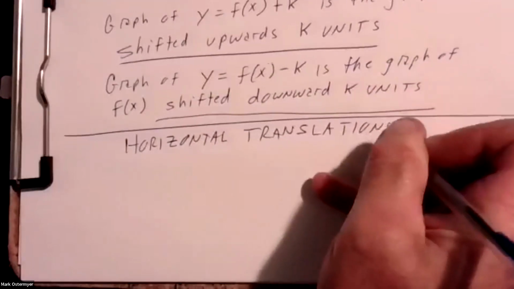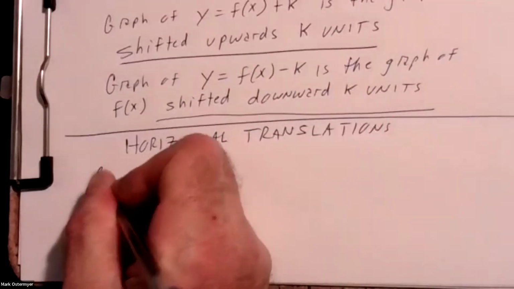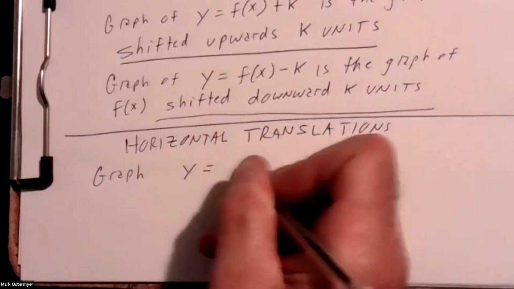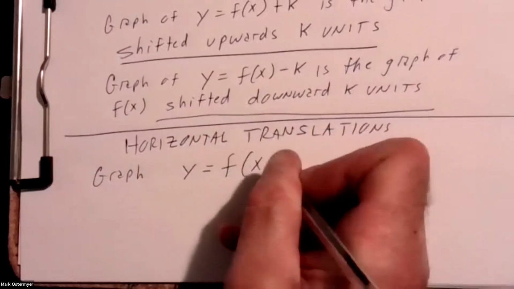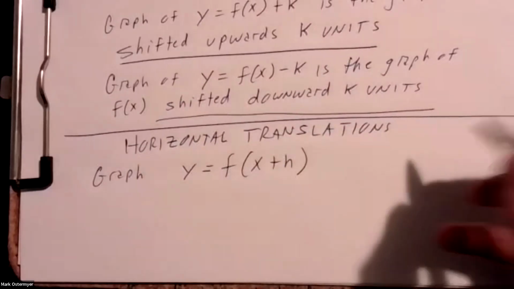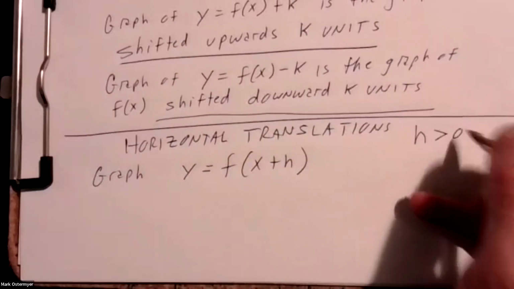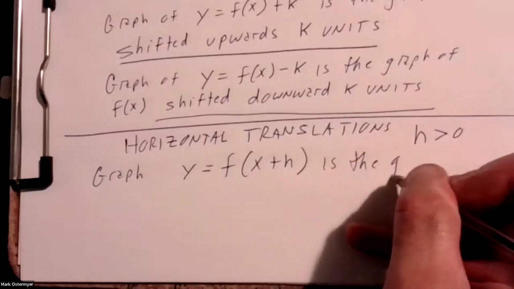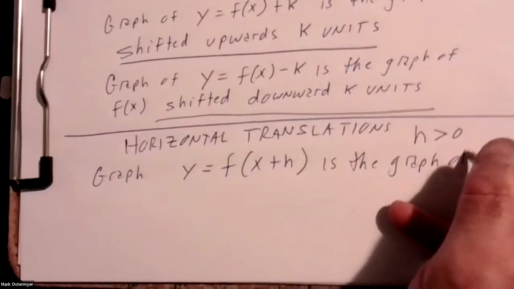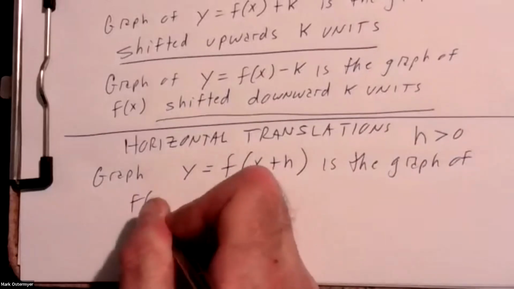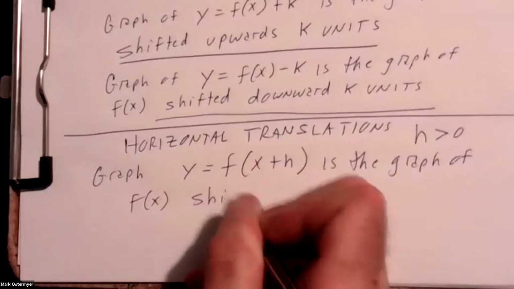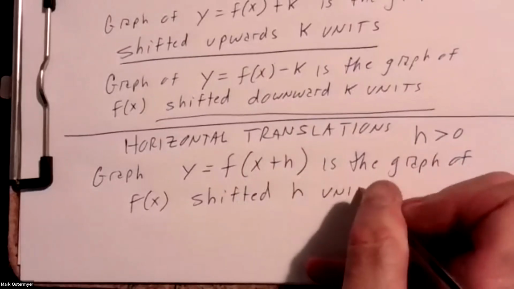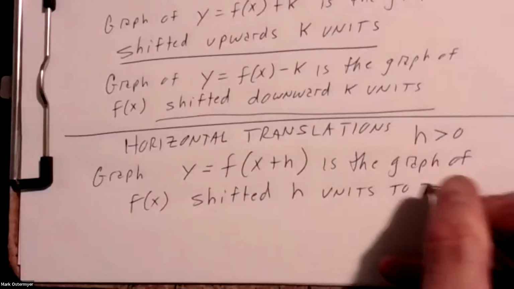Horizontal translations. The graph of y equals f of x plus h, where h is some positive real number, is the graph of f of x shifted h units to the left.